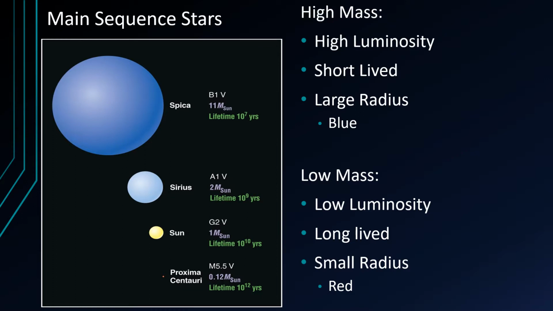And they can be yellow or red, but they tend to stay on that side of the spectrum. We can definitely see a big difference in size right here, or not size, but lifetime. 10 to the 7 versus 10 to the 12. Now, that may not seem like a lot.